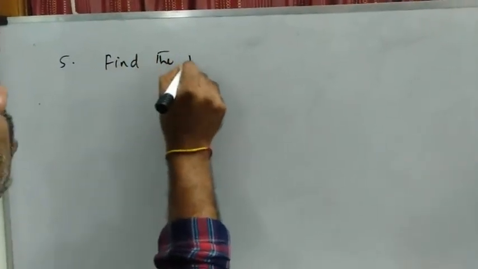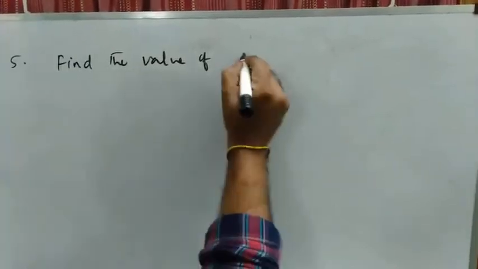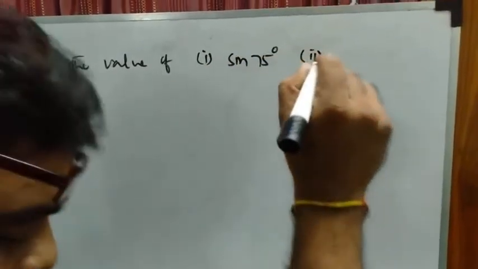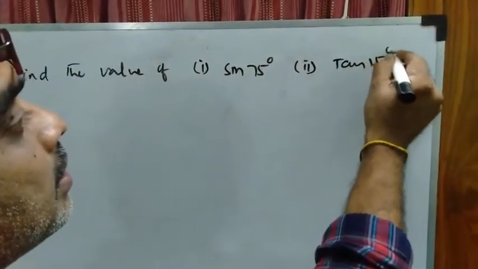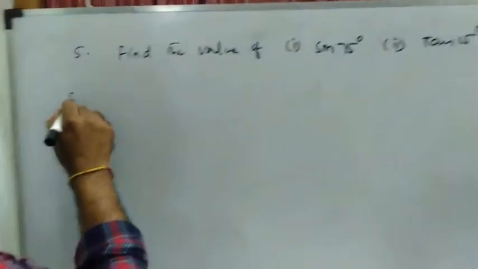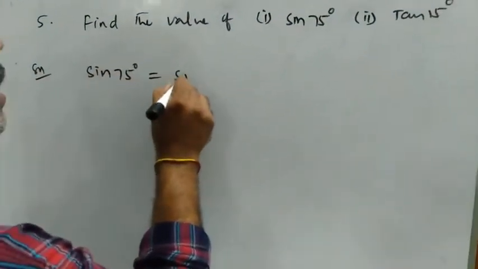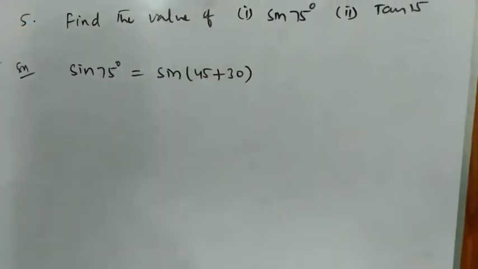Find the value of: first one sine 75 degrees and second one is tan 15 degrees. Solution: sine 75 degrees can be written as sine (45 plus 30).